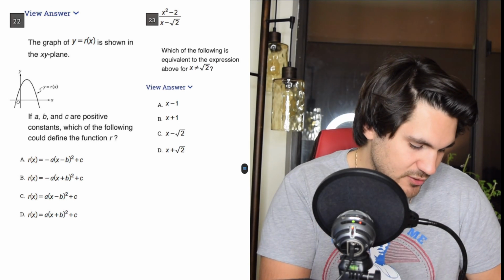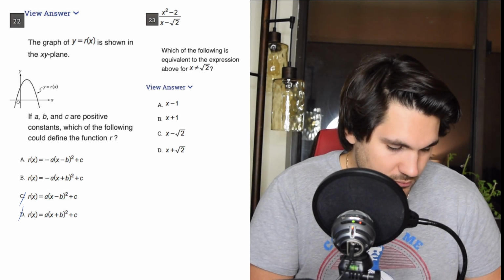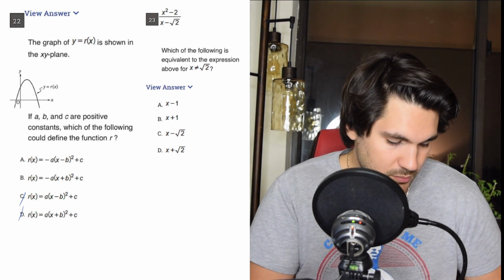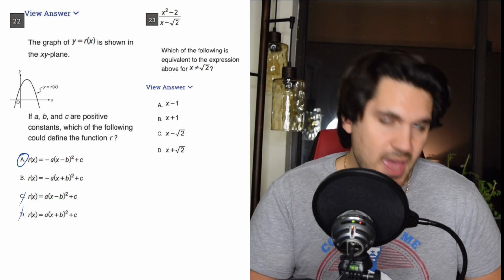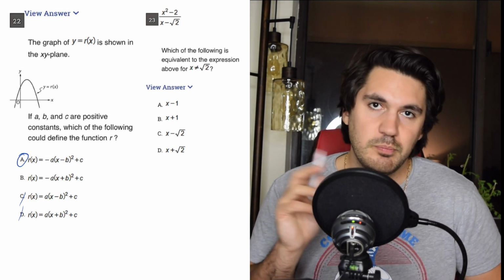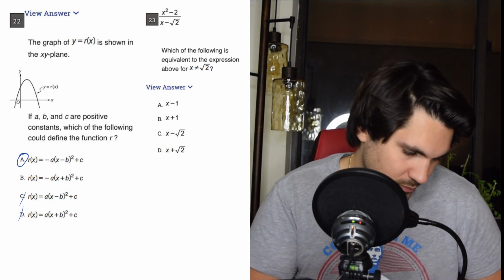So we know it can't be C or D, so it's got to be either A or B. And if you know what the standard vertex form equation would be, it's going to be A, because it's a times x minus the x-coordinate of the vertex, squared, plus the y-coordinate of the vertex, which matches up with answer choice A.